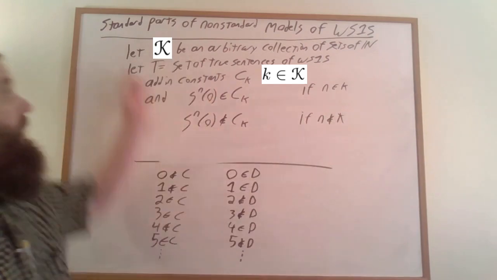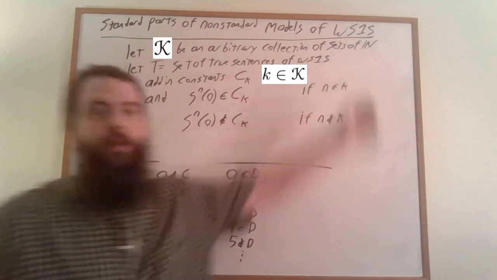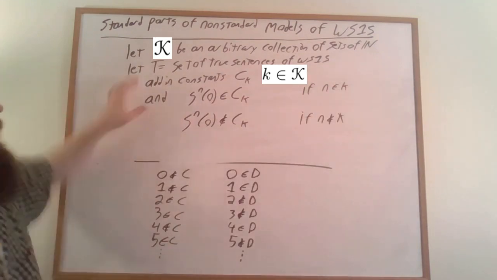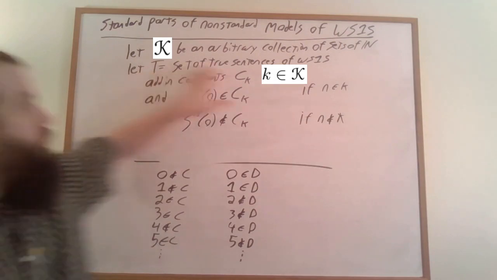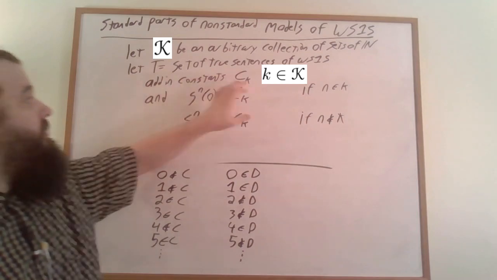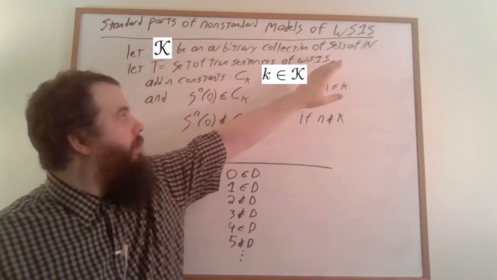So let K be an arbitrary collection of sets of natural numbers. And we can do exactly the same compactness argument. Start with T, which is the set of all true sentences of weak S1S, and we're going to add in a constant symbol for every one of these subsets of the natural numbers.